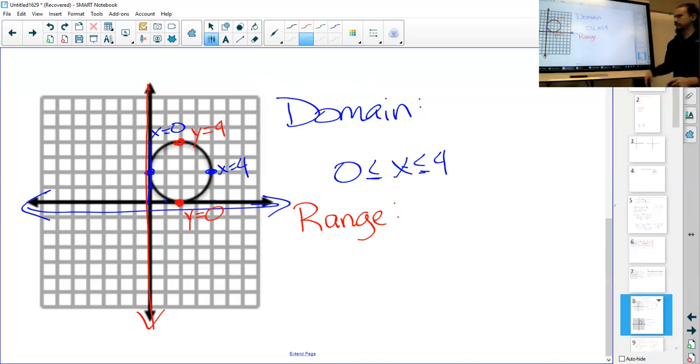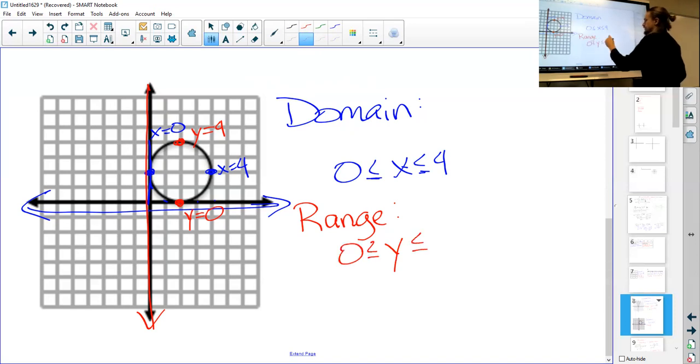So we actually get the same answer for both: y greater than or equal to 0 and less than or equal to 4. So that's all we're doing for these: looking at my leftmost point, my rightmost point, and then for range, lowest and highest point, and write out an inequality, and you get 100.